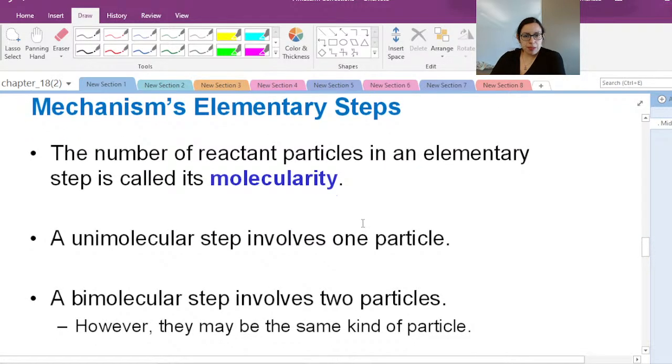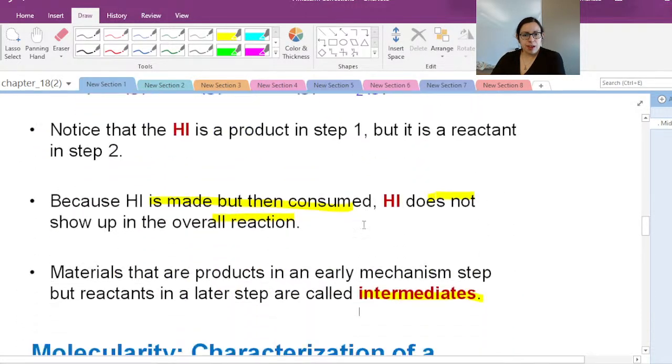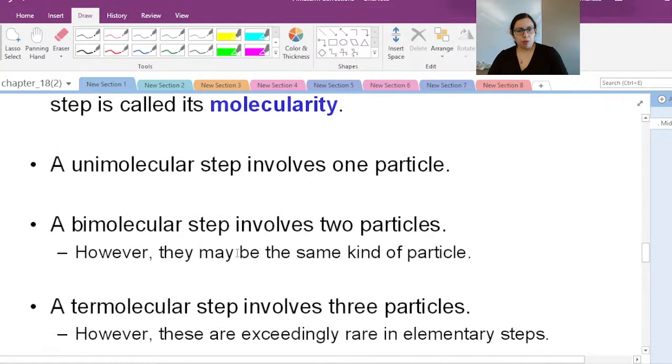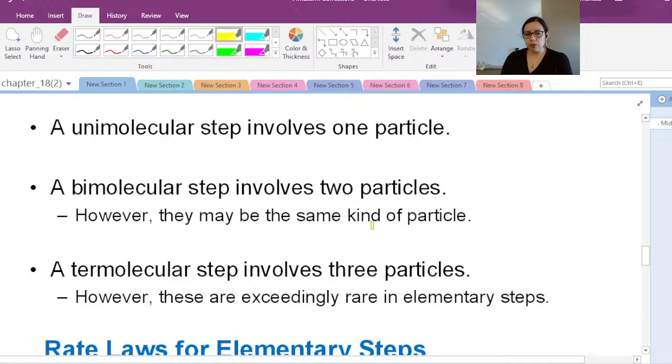Again, we're going to be looking at these little steps and classifying them. We'll determine whether a step is unimolecular, which just means involving one particle. Bimolecular involves two particles, so it could be the same particle just reacting.